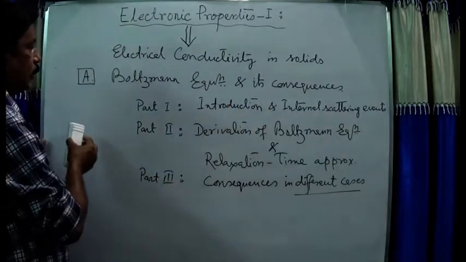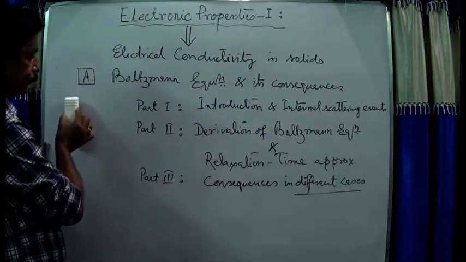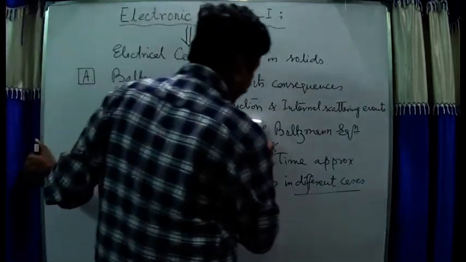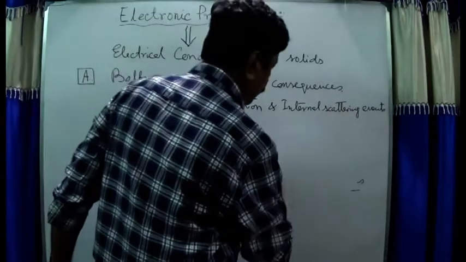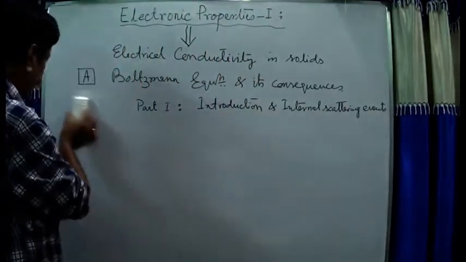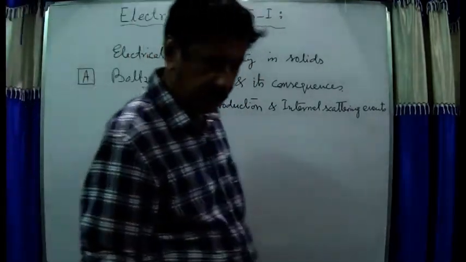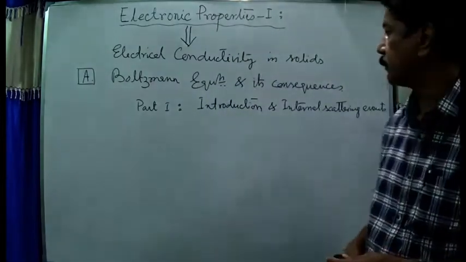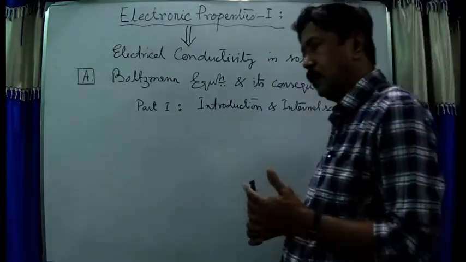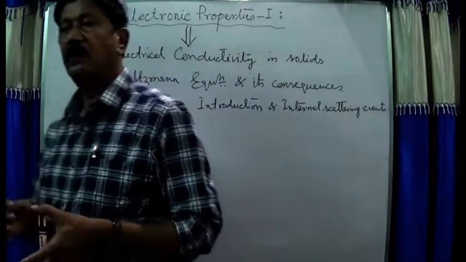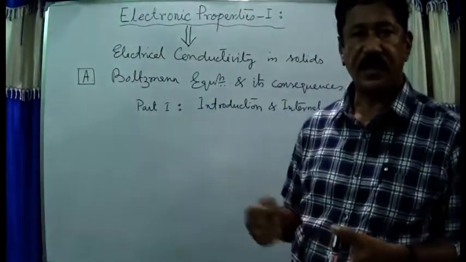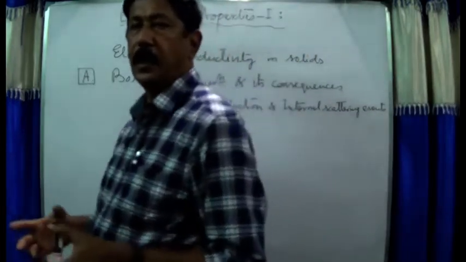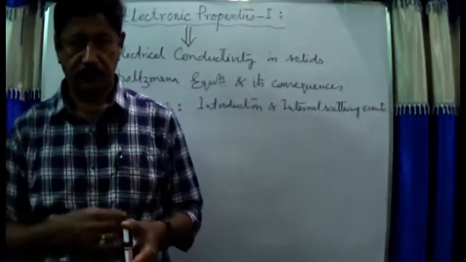Let us start with that. So, our first part is to discuss about something introductory of these topics and some internal phenomena, specifically as I mentioned here as internal scattering event.